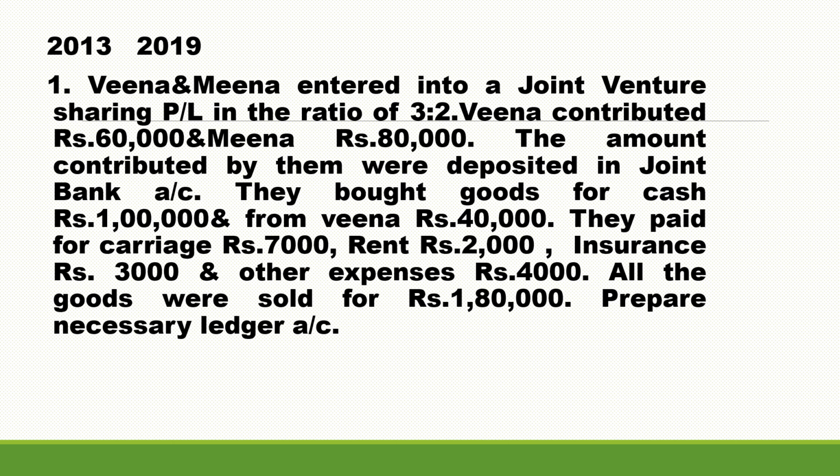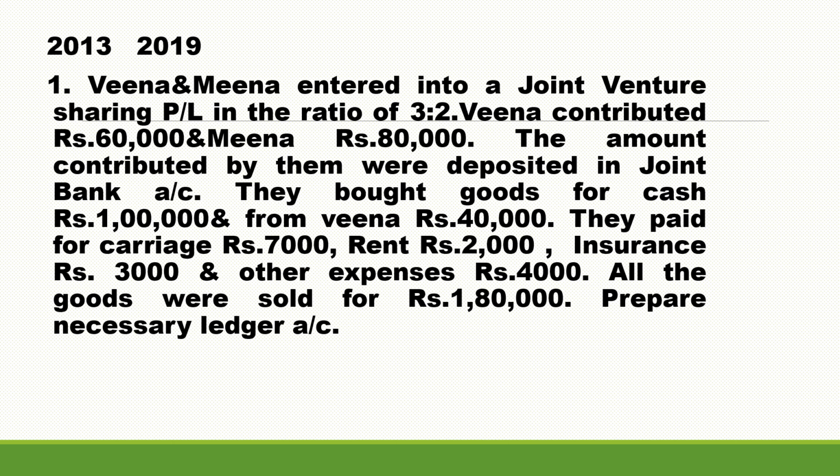Veena and Meena entered into a joint venture sharing PL in the ratio of 3:2. Veena contributed 60,000 and Meena 80,000. The amount contributed by them were deposited in the joint bank account. They bought goods for cash 1 lakh and from Veena 40,000.